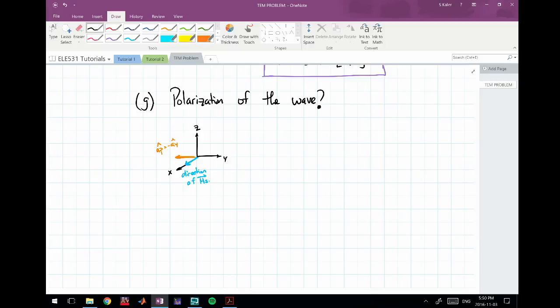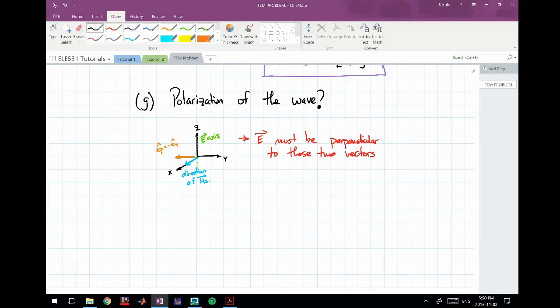And so now, we know based on the fact that it's a transverse electromagnetic wave that the electric field must be perpendicular to these two components. So E must be perpendicular to these two vectors. And so therefore we know that it must be, let's use green. So we know that E is going to be either up or E is going to be down. So this we'll call E axis.